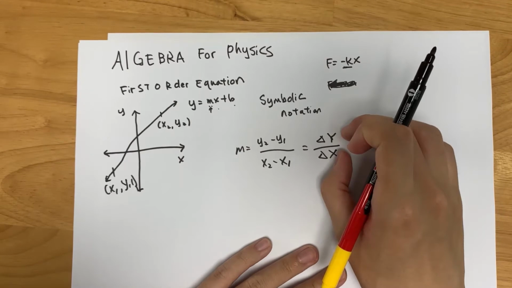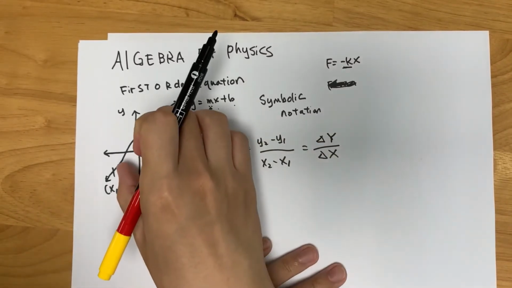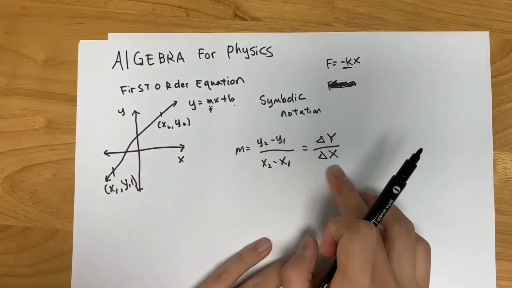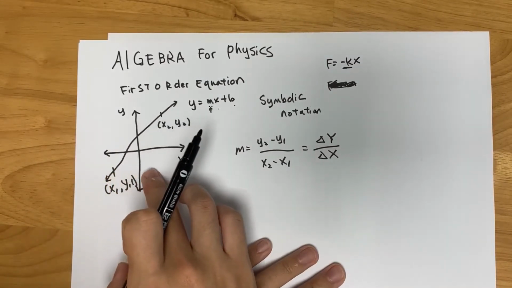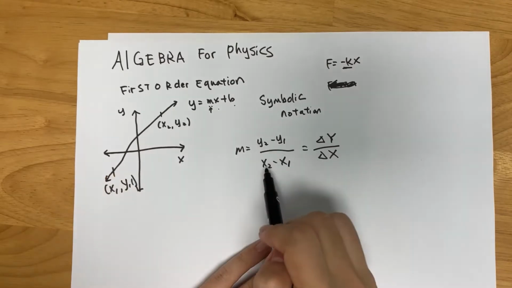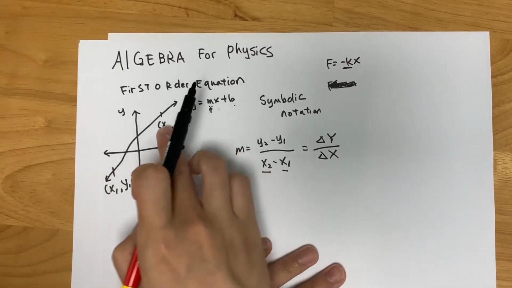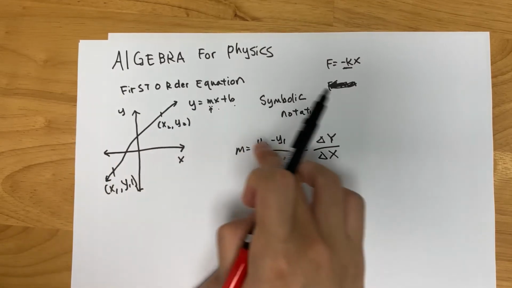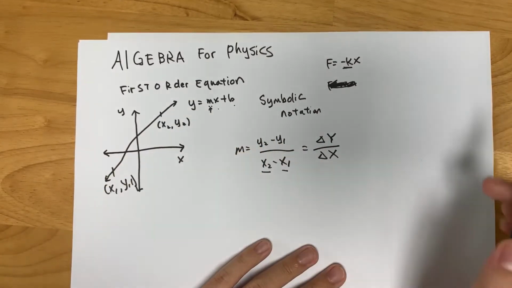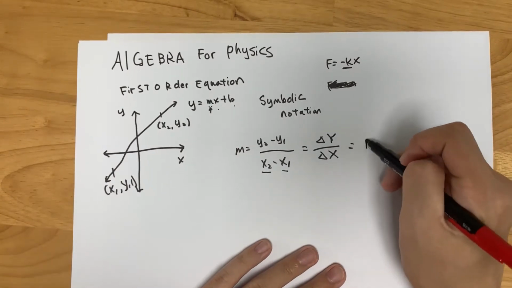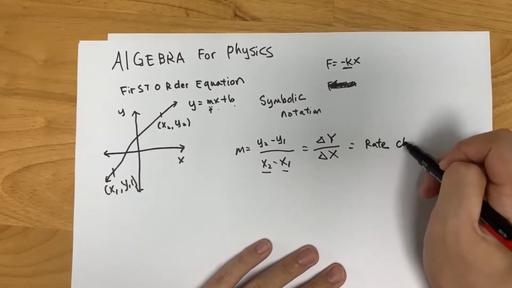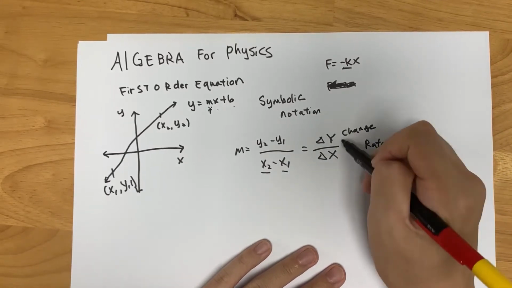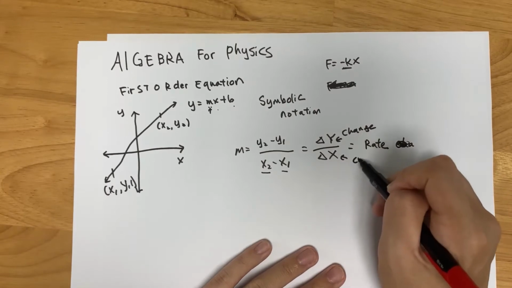Slope explains how much y changes over a certain period of x. While x goes from x1 to x2, how much does y change? It's about rate, change, and this is about change of y, change of x.